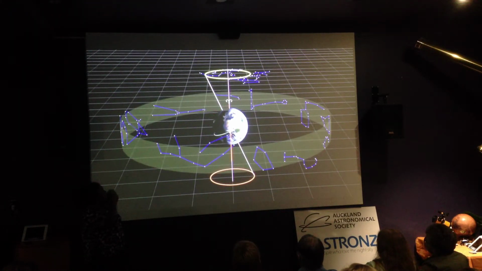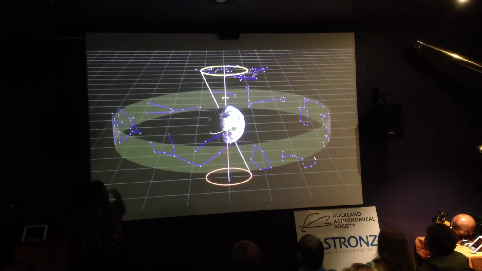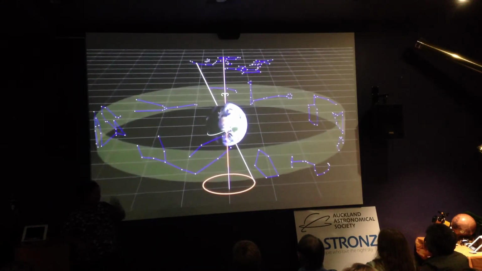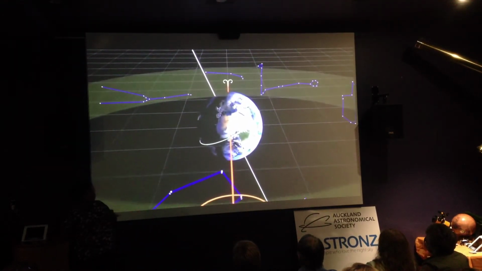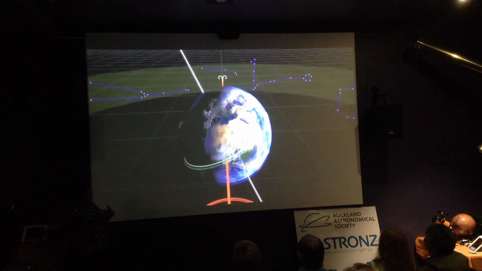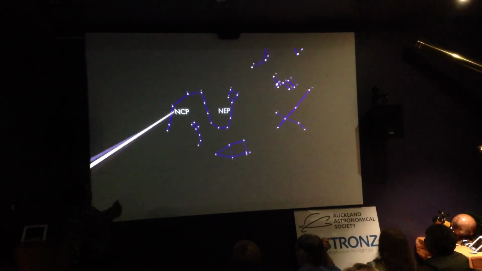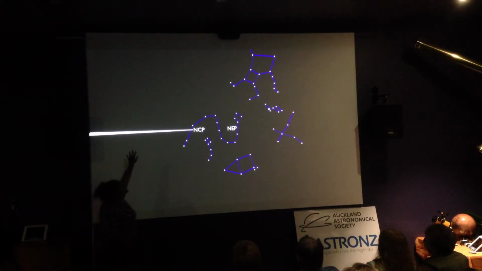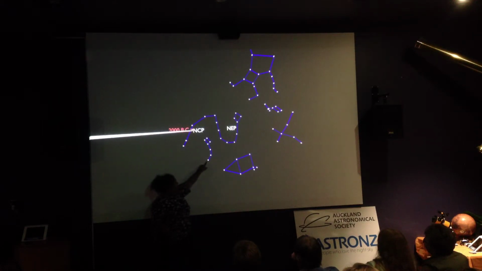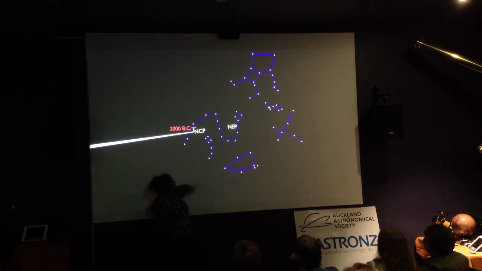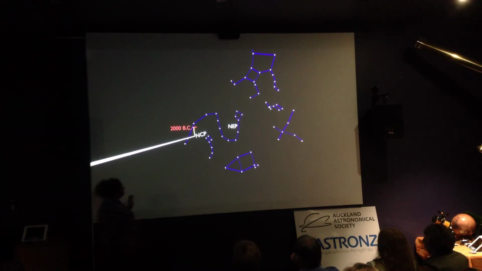If we were to project this out into the sky, we'll actually be able to see how the North Star has changed over a period of time, and how it will change in the next couple of thousands of years. So that's where it was, coming through. And remember, our North Star is sitting right over here at the moment at Polaris.